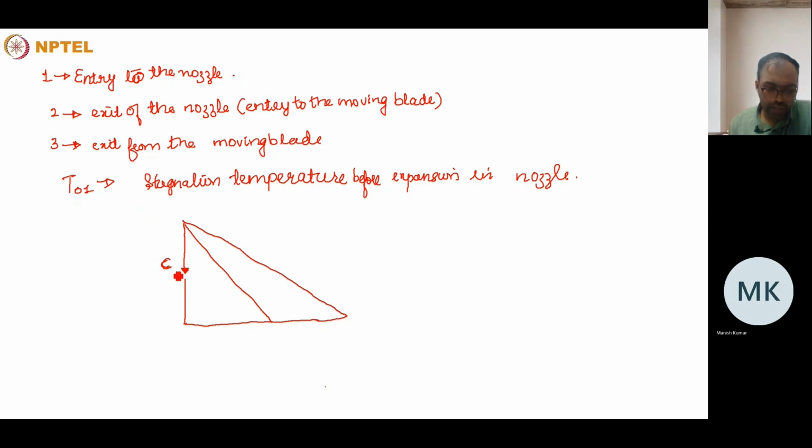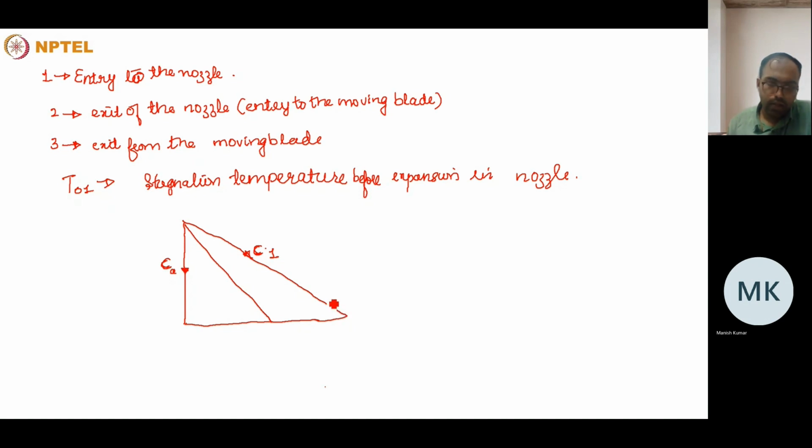The axial velocity is the vertical component, Ca. The absolute velocity will be C1.